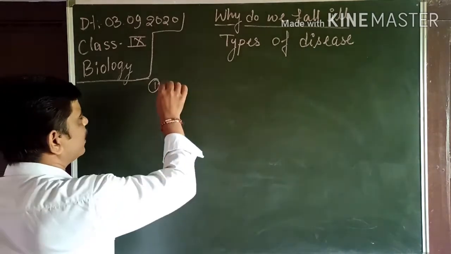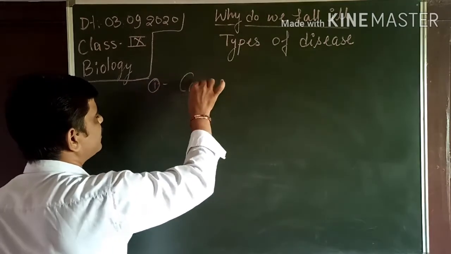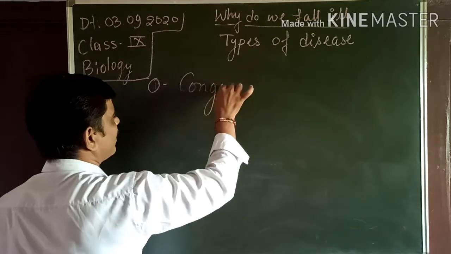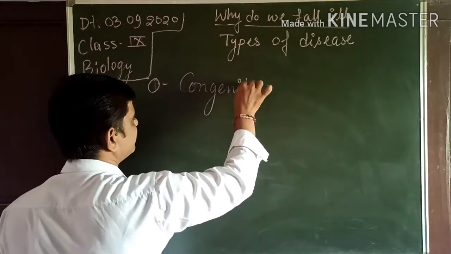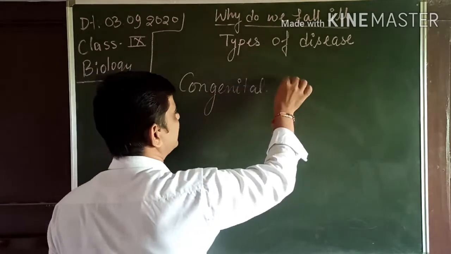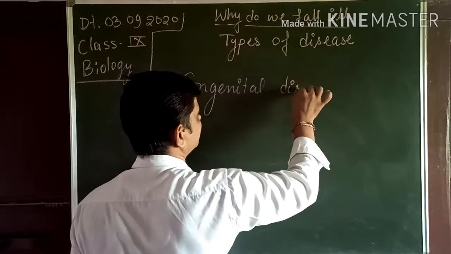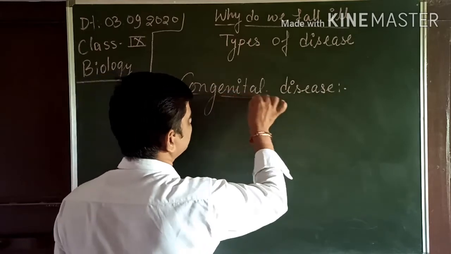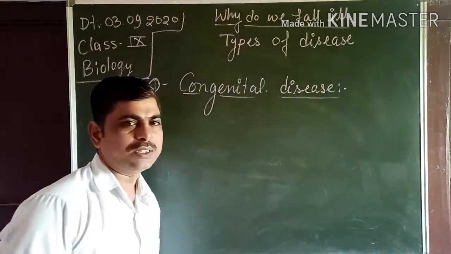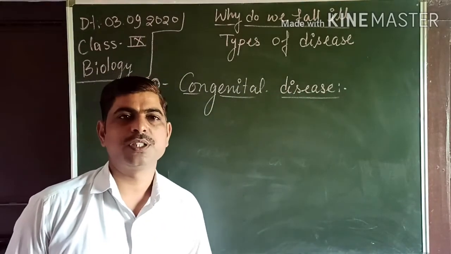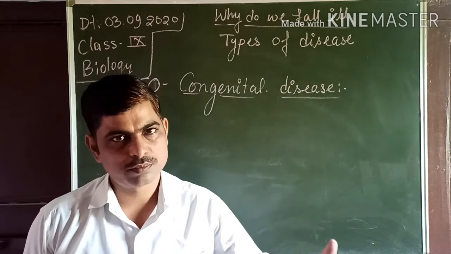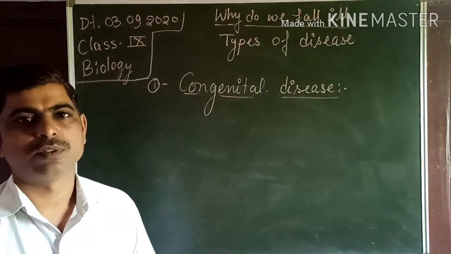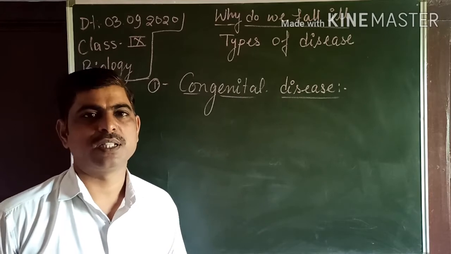One is the congenital disease. Congenital disease means the disease that a person receives from its parents. Okay, from parents they receive.